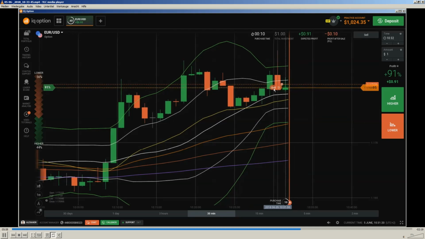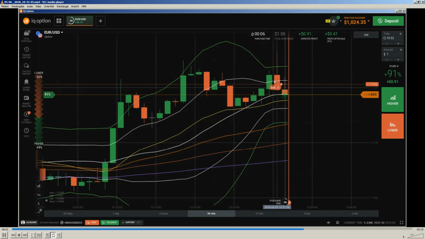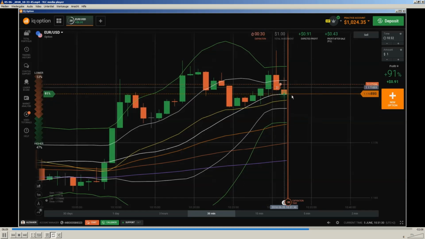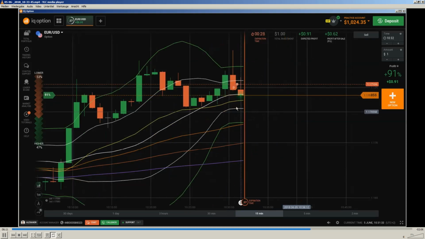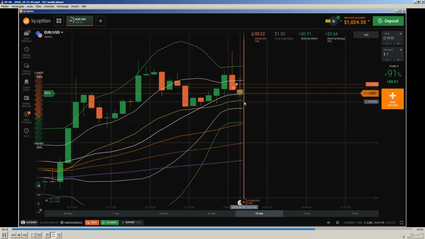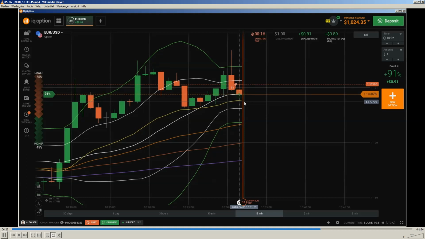So let me put this down and get this in the money, and then I'm gonna explain why I took this trade after, because it is also important that I show you those things which I have explained in the ebook, where I talked about the EMA and the Bollinger Bands. So let me see if I can show you this after this trade.